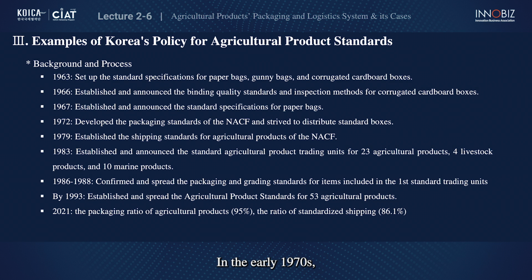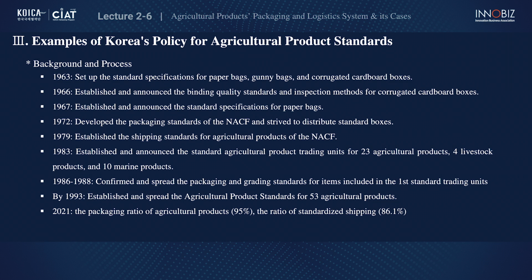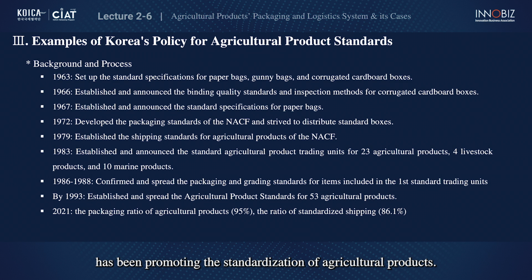In the early 1970s, the government began to be interested in the shipping standards for fruits and vegetables and livestock products distributed in the general market. In 1972, the government developed the packaging standards through the NACF and strived to distribute standard boxes. Since then, the NACF has been promoting the standardization of agricultural products.